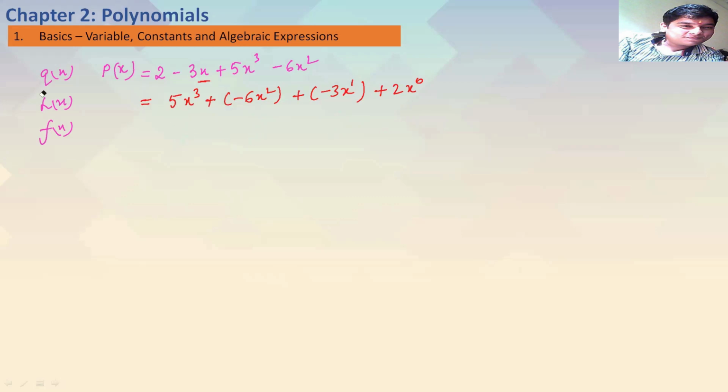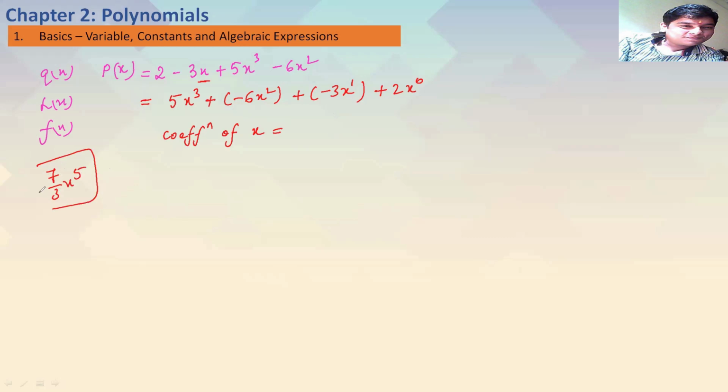Now, let's understand the meaning of coefficients. What is the coefficient of x in this polynomial? Do you understand the meaning of coefficient? Let's say you have written 7 by 3x power 5.